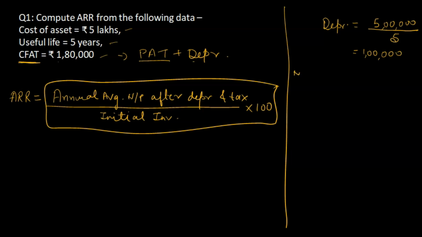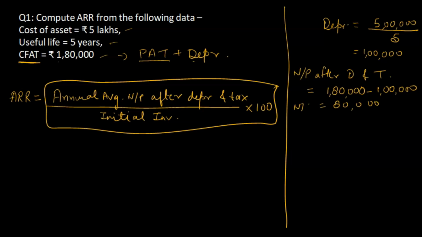Now for getting net profit after depreciation and tax, we need to take this CFAT, that is 1,80,000, and deduct depreciation from this CFAT. So we will be getting 80,000. 80,000 is the net profit after depreciation and tax.